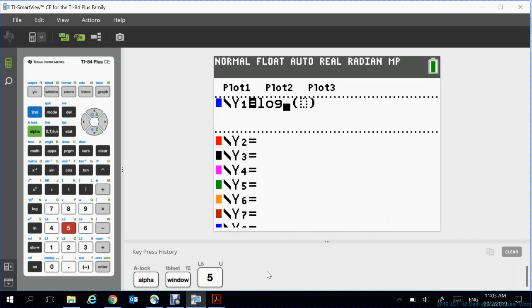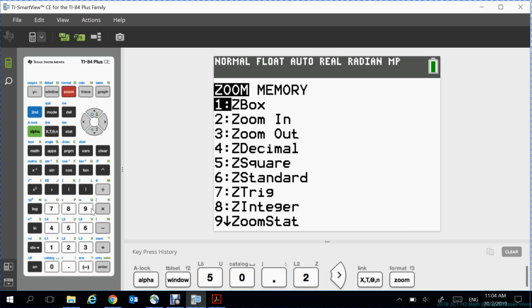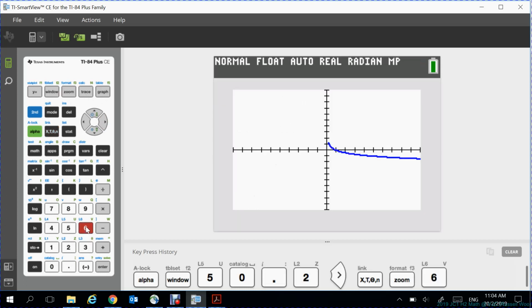There you have it, log to base 0.2 of x. Zoom 6. Can you see the keystrokes here? Never mind, if you miss this, you just do this: alpha window 5, 0.2, and so on. Okay?